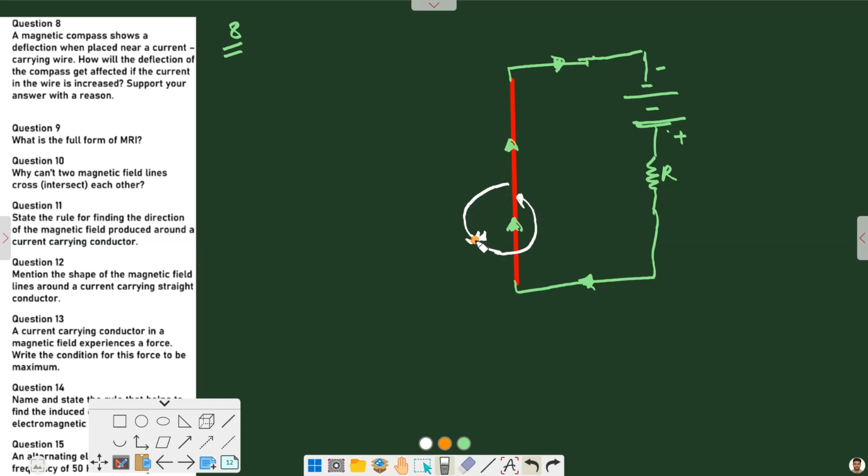This will be the direction of the magnetic field, and we can draw multiple similar magnetic field lines, and we will get this anti-clockwise field. Now we have a compass, which is placed near this current carrying wire. Suppose we have placed it here.